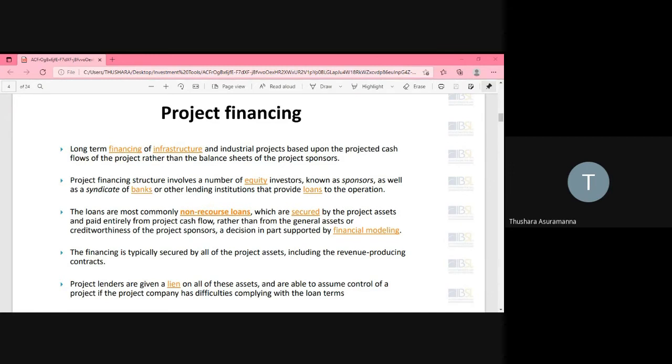Now, the success of the particular supermarket depends on the cash flows that you are going to generate in future. That's the difference between the projected cash flows, generated in the future, versus the balance sheet of the project sponsor. In the earlier example, you are very comfortable because right now we are generating adequate turnover, profits, cash flows, and having a good network.